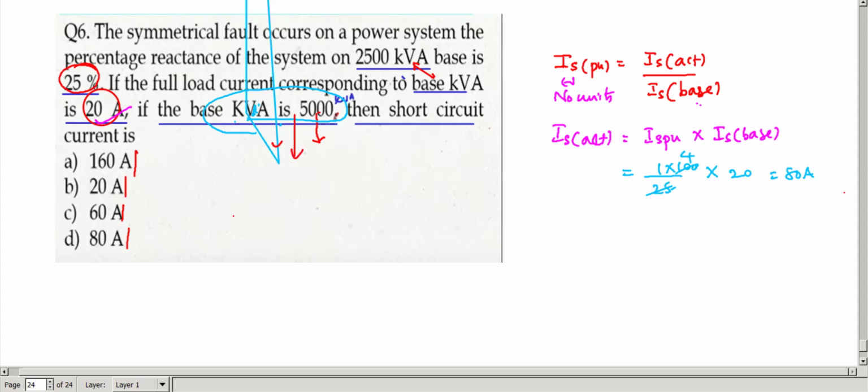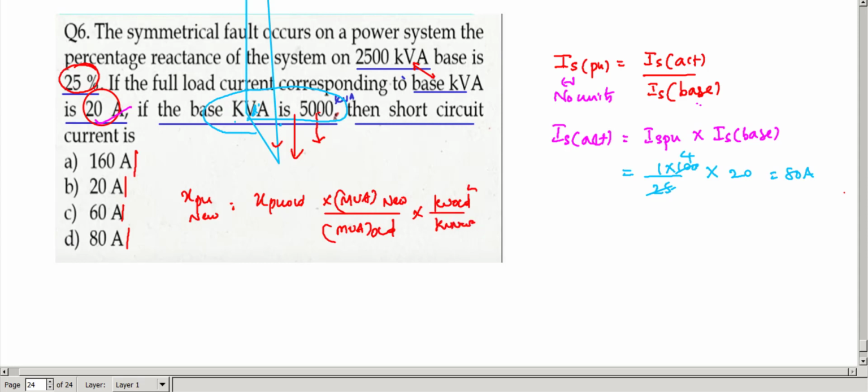So we know that X per unit new equal to X per unit old into MVA new by MVA old into kV old square by kV new square. He does not mention about voltage, we can neglect that.